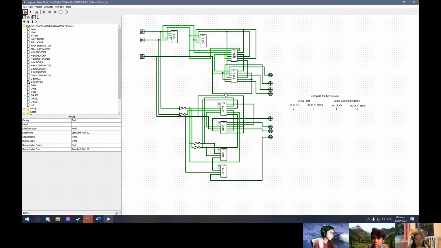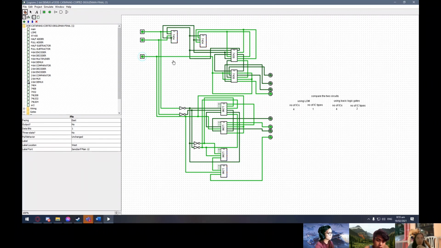And then for the lower half, we have applied the concept of LOMI, which is the equivalent of the 7404 and the 7408. And if you click one of the inputs, as we can see, the output for the LOMI and the ICs are the same.